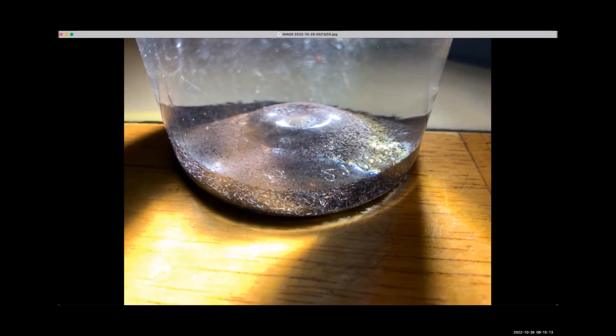It seems to be a copper material, like nano copper at the bottom of the container. Yes, you're right, Mark, and we use that in several ways.